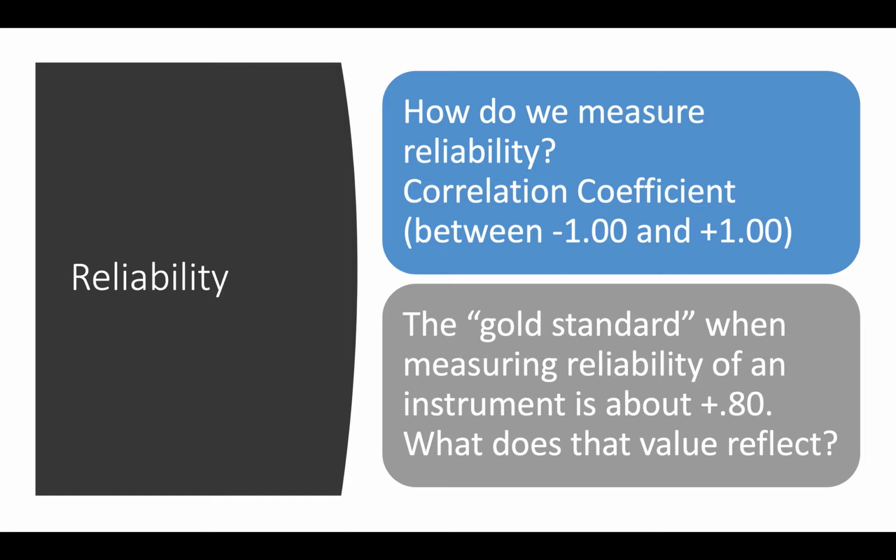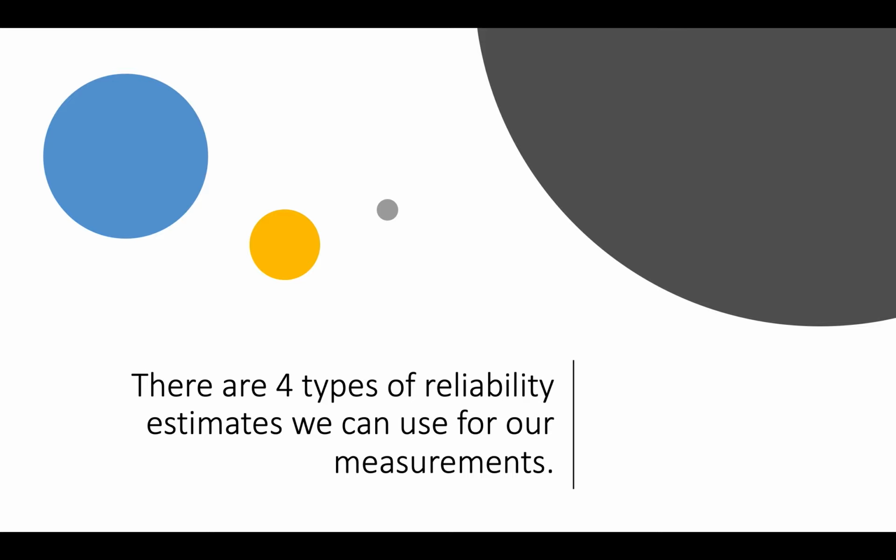Well, that means that this measure is consistent and stable most of the time. Now, nothing is perfect, but a positive 0.80 is extremely good in terms of reliability of an instrument. So, there's the theme in this class, right?